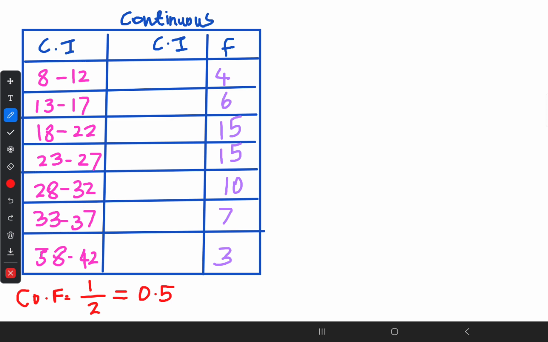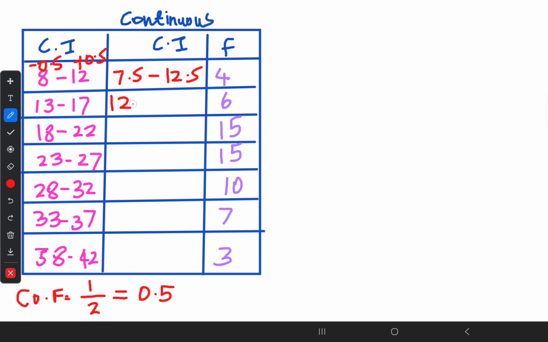From the lower limit, you should subtract 0.5. With the upper limit, you should add 0.5. 8 minus 0.5 is 7.5. 12 plus 0.5 is 12.5.